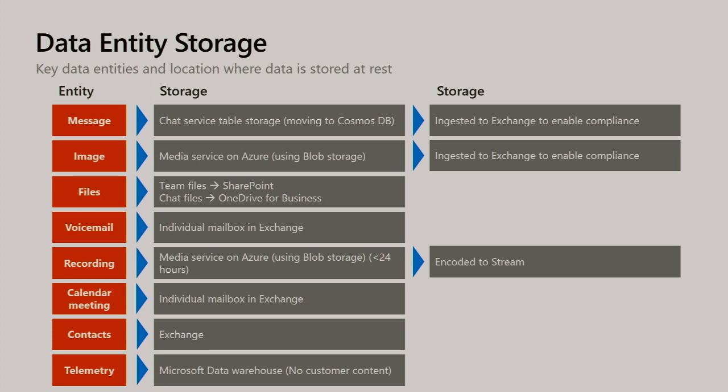When you record a meeting, the actual recording gets stored temporarily in the same kind of media blob where we store some of the other images. Within that storage, we encode the meeting and move it into Stream, so it can be consumed by the rest of the organization. Within 24 hours, we go back and delete that recording from that storage.